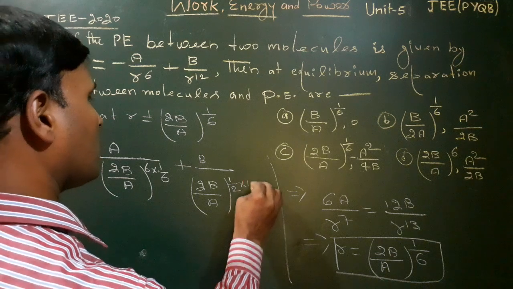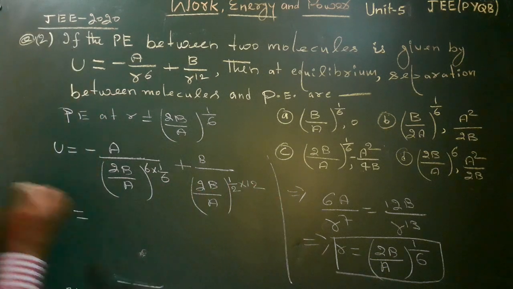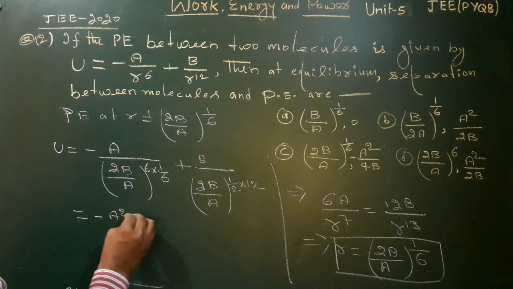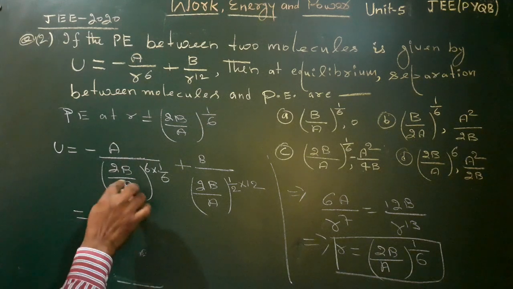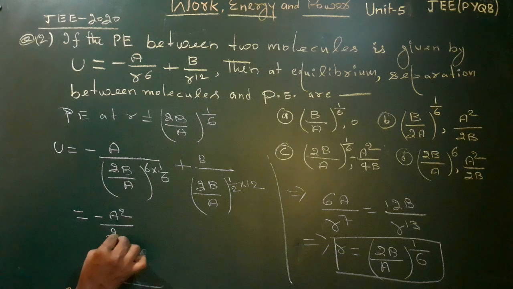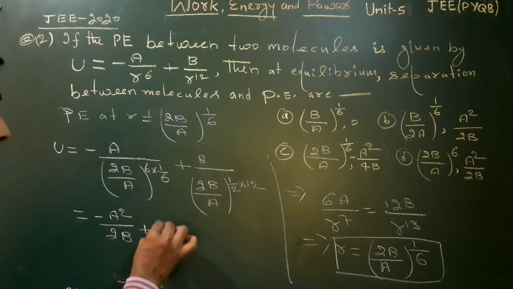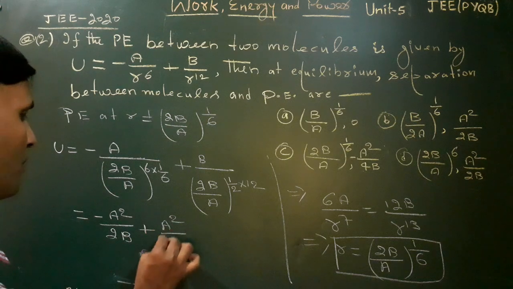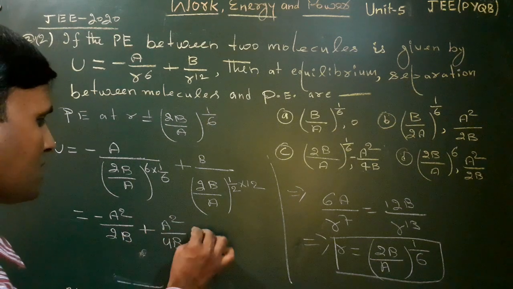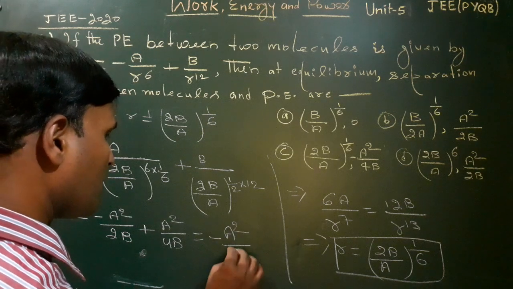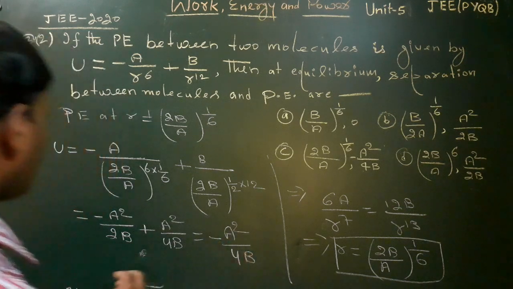So we can solve this and we get minus A square by 2B, and this will be equal plus A square by 4B, and take LCM, so you can get minus A square by 4B.